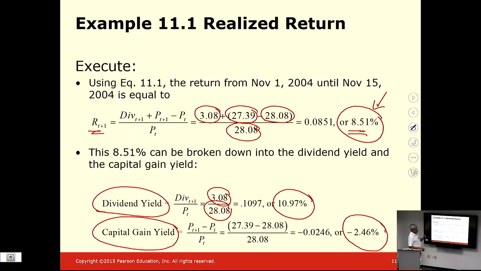sometimes, depending upon the tax code, dividends are taxed differently than capital gains. Historically in our tax code, capital gains have been taxed at a lower rate than dividends. If that's the case, investors would like to see more of their return coming from capital gains than from dividend yield.